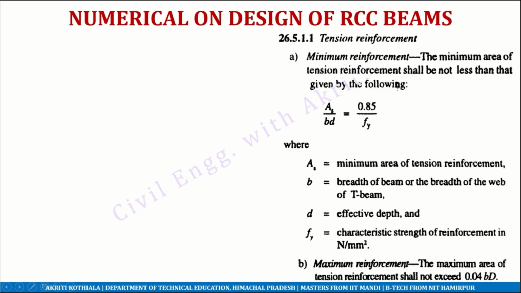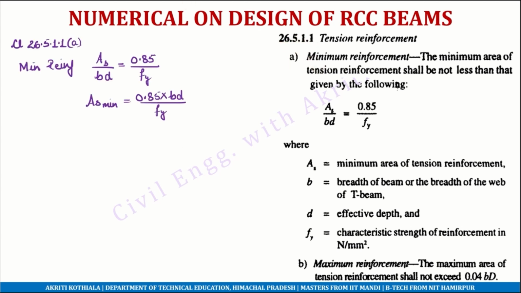Now we have to check whether the provided AST is between the minimum and the maximum value of reinforcement given by clause 26.5.1.1. For minimum reinforcement, rearranging, we get AS minimum is 0.85 BD upon Fy. Substituting the values, we get AS minimum equal to 204 mm square, which is less than the AST provided, which is 1119.